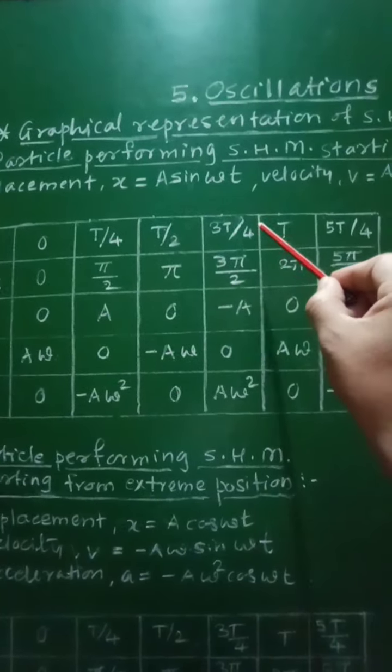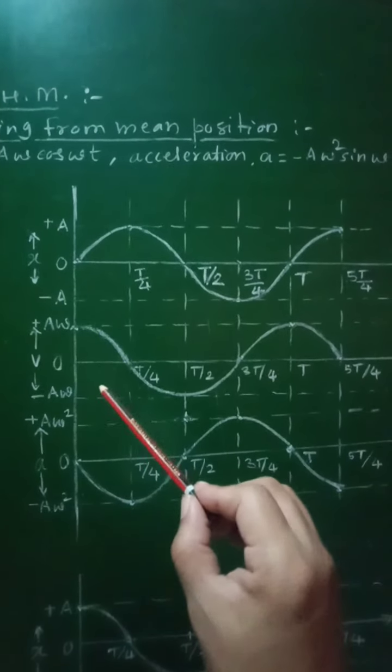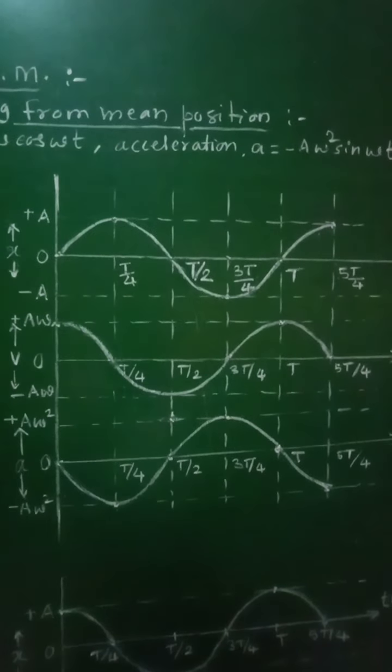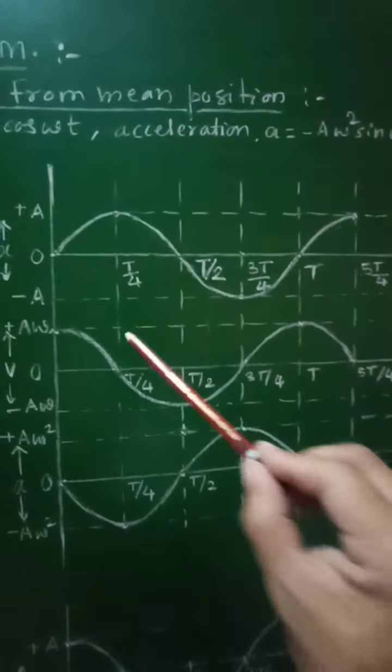That is, velocity will be plotted along y-axis, time will be plotted along x-axis, and again a omega and minus a omega will represent the maximum values of velocity, that is positive and negative side, and O will be the mean position. So again, at t is equal to 0, velocity is maximum, that is plus a omega.